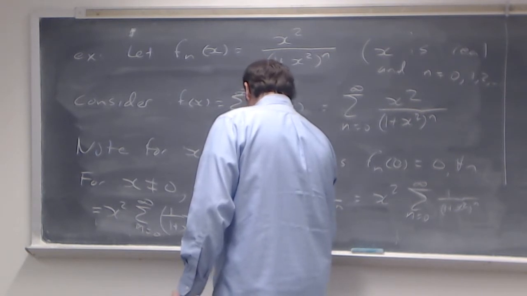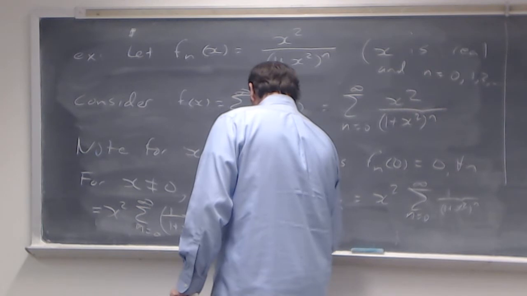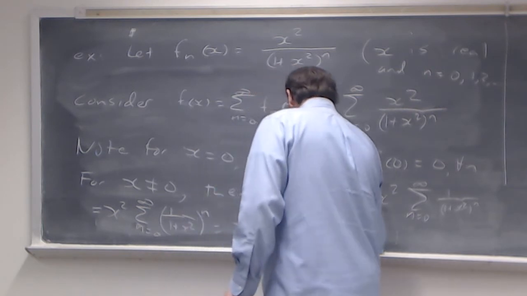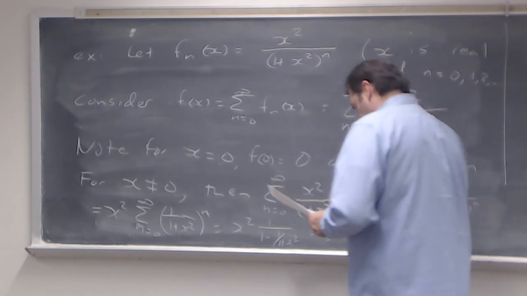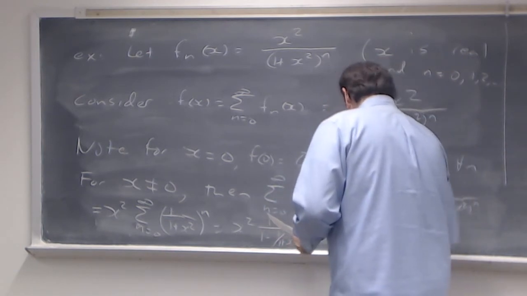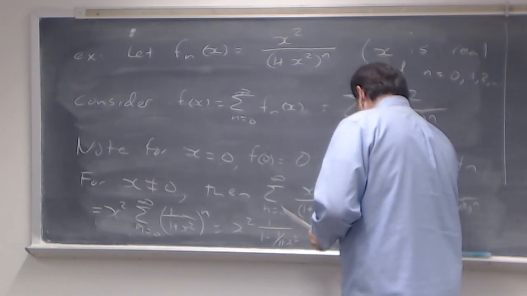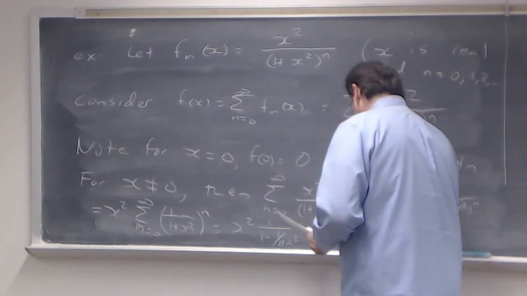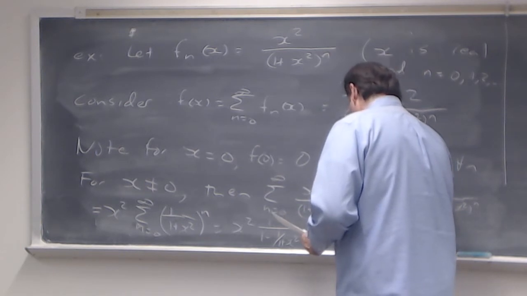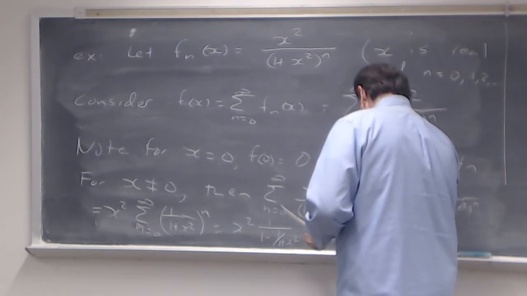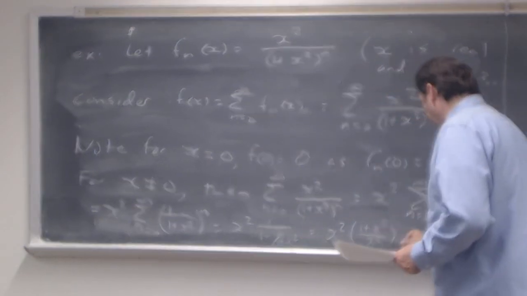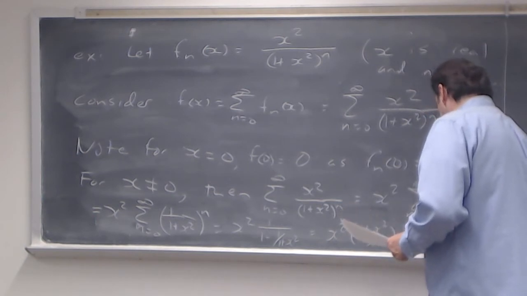So it's x squared over 1 minus 1 over 1 plus x squared. With a little algebra, 1 plus x squared goes in the bottom and x squared goes in the bottom, then that cancels out and you're just left with 1 plus x squared.